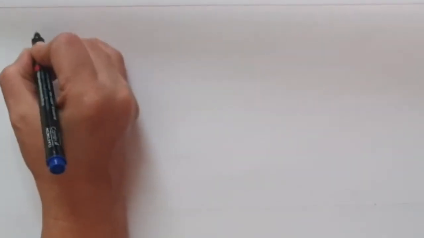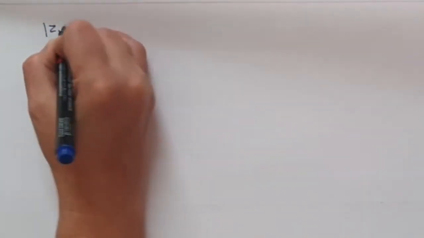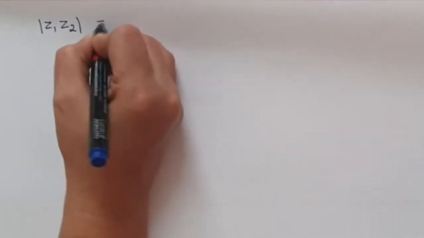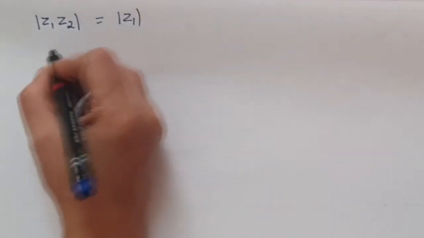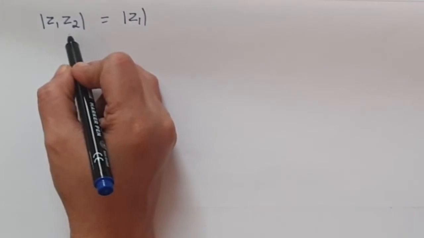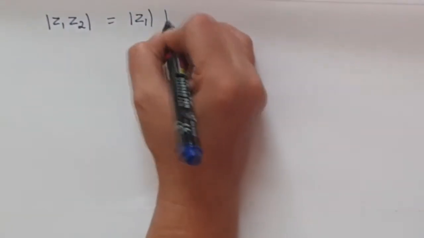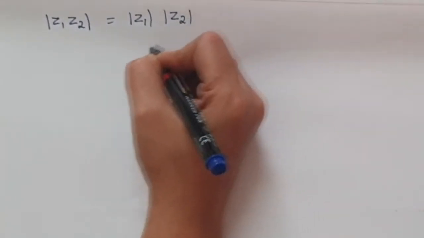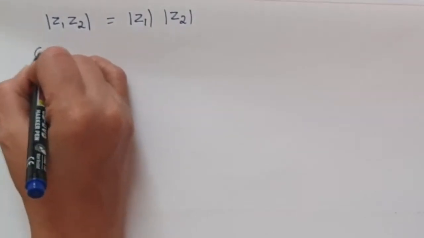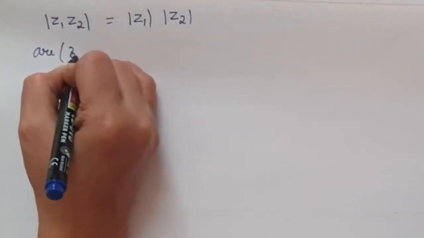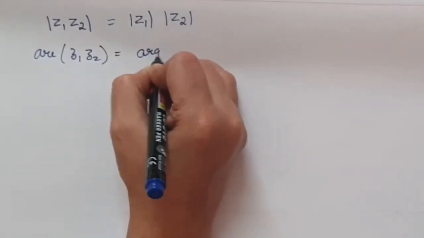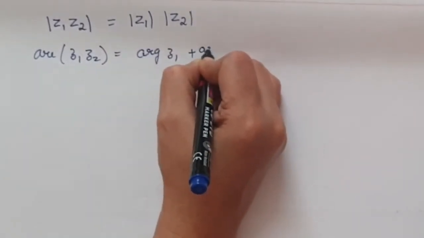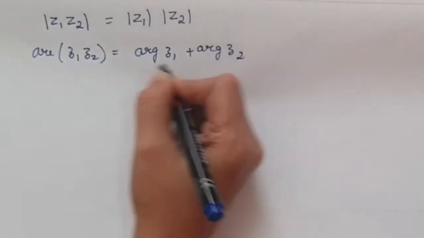So this leads us to an important fact: the magnitude of z1 multiplied by z2 will be equal to the magnitude of z1 multiplied by the magnitude of z2, and the argument of z1 multiplied by z2 will be equal to the argument of z1 plus the argument of z2.